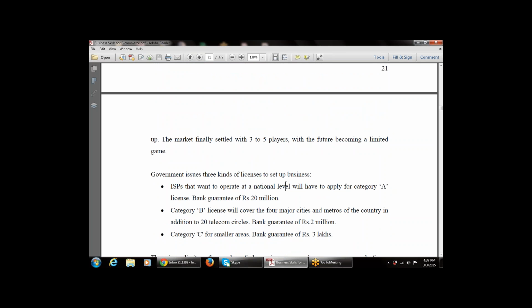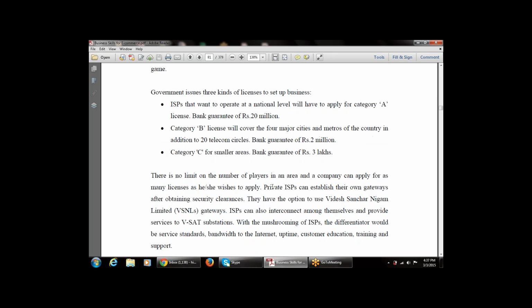ISPs that want to operate at the national level can apply for a category A license, then category B license, then category C license. Category A is at the national level, category B includes the four major cities, and category C is for the smaller areas.